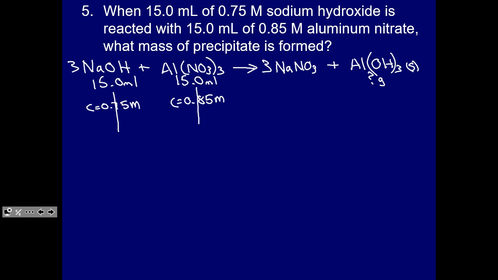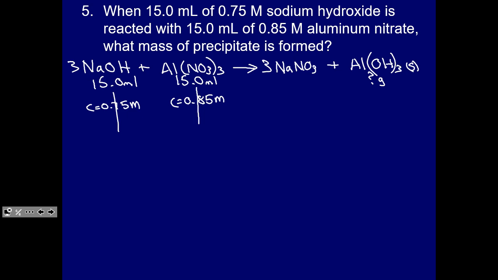And what do I have to determine first? It's more exciting than that, Riley. This is exciting. What do I have to determine first before I can solve the question? I have to determine the moles, but what do we call this type of question where I give you the information about both of the reactants? Yep. It's a limiting reactant problem.